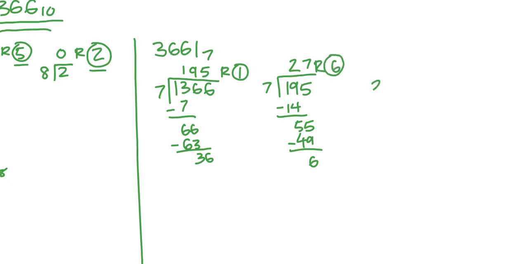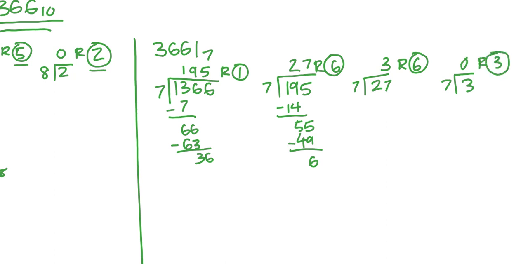And I'll do 27 divided by 7, which is 3 remainder 6. And then 3 divided by 7, which is 0 remainder 3.